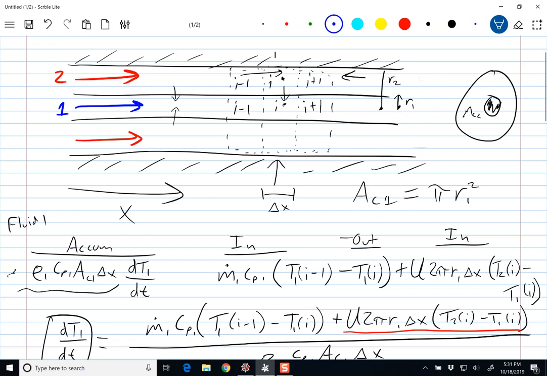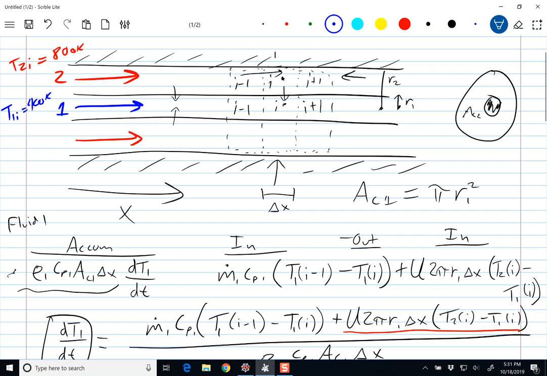This one is a parallel flow or co-current flow heat exchanger. In this particular case, we're going to have this outer fluid, fluid 2, coming in at 800 Kelvin. So we're going to have T2 at the inlet equal to 800 Kelvin. That hotter fluid is going to be used to heat this inner fluid, which is coming in at T1 at the inlet equal to 400 Kelvin.